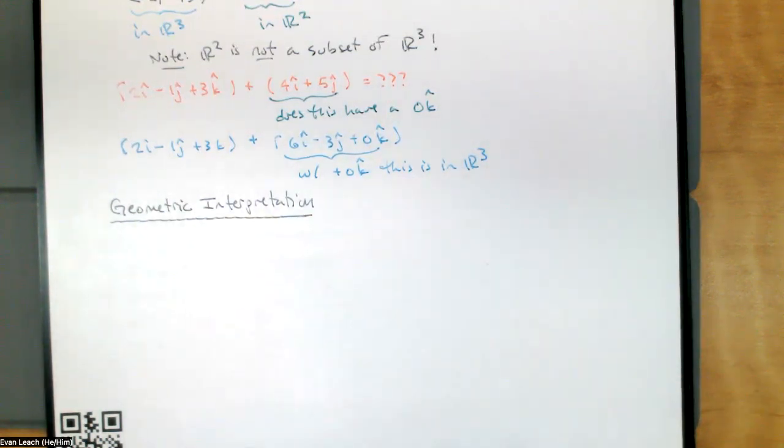As long as there's something that indicates that i hat plus j hat plus 0 k hat, or 0 i hat plus j hat plus k hat. As long as there's something in your statement that says these are vectors from R3, and this first one, this jk one, has a 0i, and the ij one has a 0k.